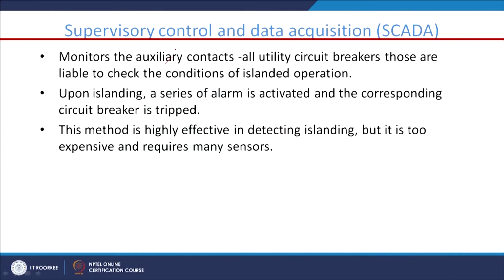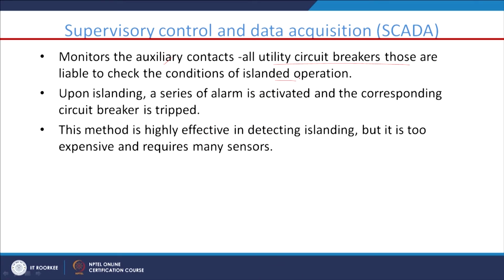In case of SCADA, we have already discussed in the previous classes that SCADA supervises the status of circuit breakers present inside the microgrid or smart grid system. By knowing the status of the circuit breaker, we can always decide what to do, which component should be shut down, and what the status of the whole network is. It monitors the auxiliary contacts of all utility circuit breakers, which can check the condition of islanded operation.